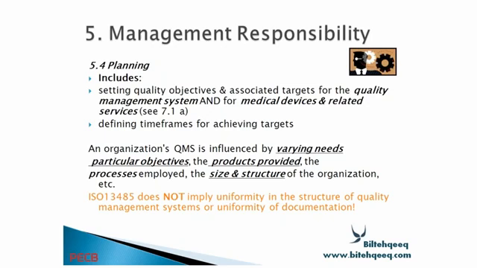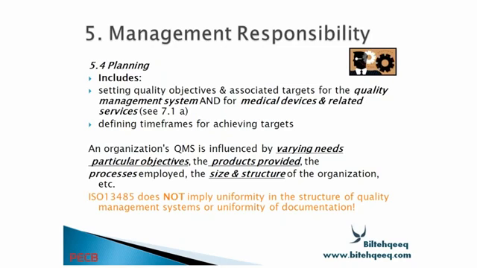An organization's quality management system is influenced by varying needs, particular objectives, the products provided, the processes employed, the size and structure of the organization. So the quality management system of different organizations will be different because it is influenced by the needs, by the objectives, by the products, by the processes, and the size and structure.